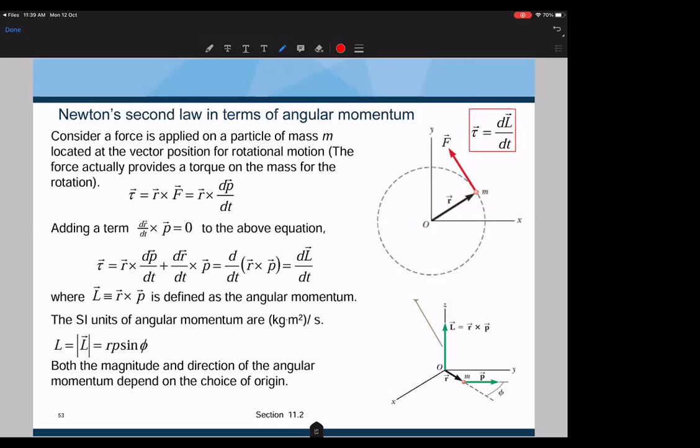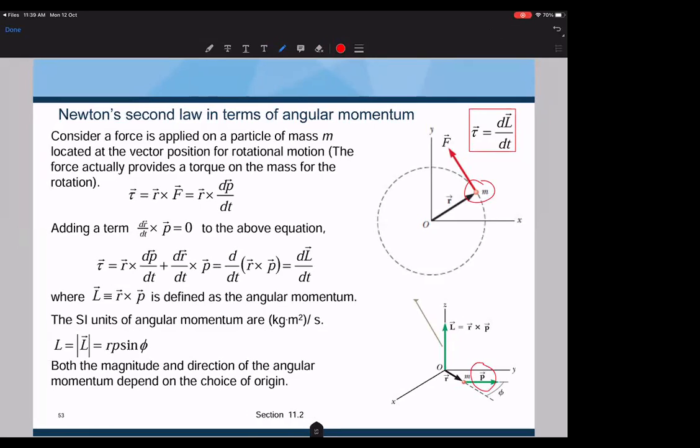And if we are having an object moving in a linear fashion, like the particle here, moving in a certain direction under the action of a force, well, okay, it has actually a linear momentum as shown in the diagram below.